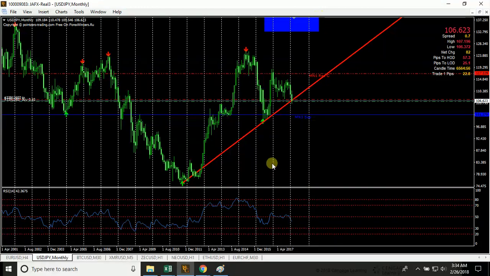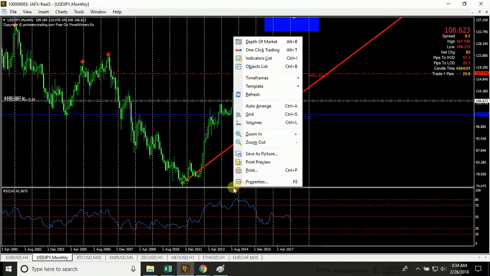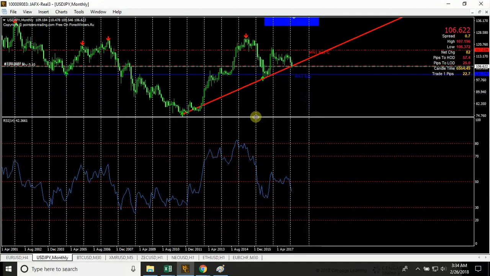Also, remember what I told you about the RSI. When we're trending above 50, this would be your sell area. When it dips below 50, coming back up would be where you buy. And it'll bounce up and down between 50, 70, 50, 70.